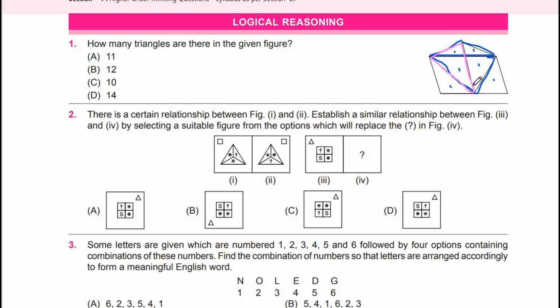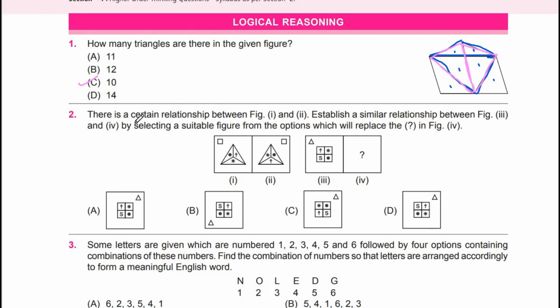So this is our 9th triangle and this is our 10th triangle. So did you get it? You have to see how many triangles. The same way there may be rectangles or squares given in the question. So look carefully, see all the types of triangles or all the types of squares which are hidden, and then give your answer. The right answer here is 10.